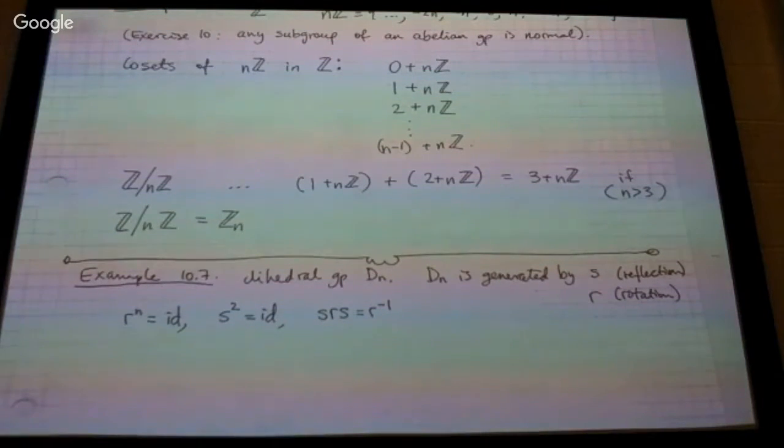Just like rotating in the other direction, or in the other sense.